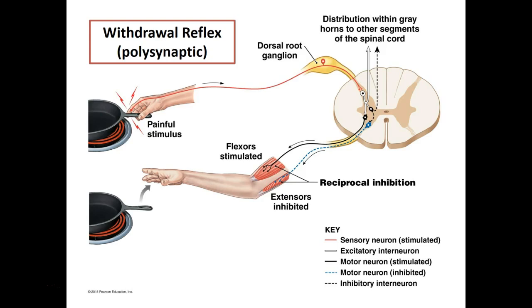But also information gets sent to the brain telling you that, oh, something is hot over here, or that you've done some tissue damage. So here, not only do we have a somatic reflex response, but we have information also being routed to the brain for conscious integration. And some of that gets hopefully stored as a memory, that I shouldn't touch something that's hot in the future. So hopefully that gets integrated.